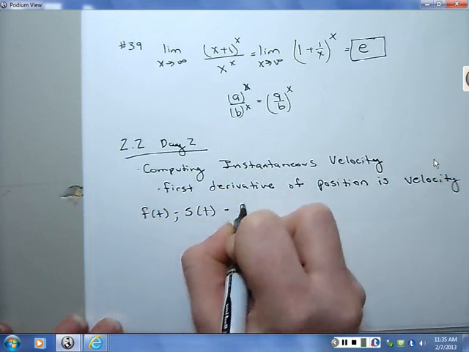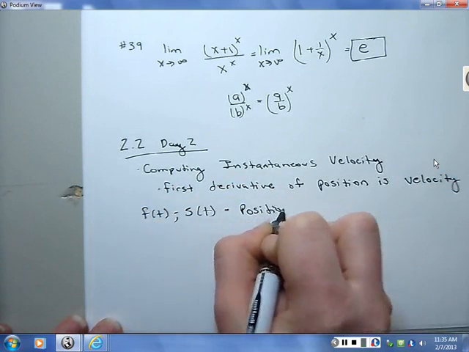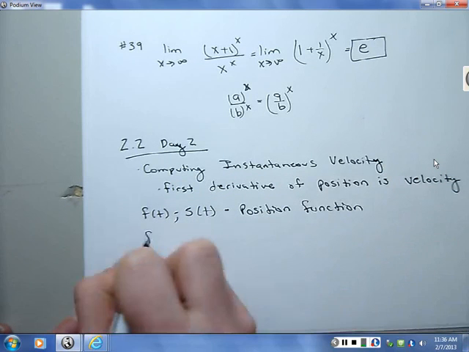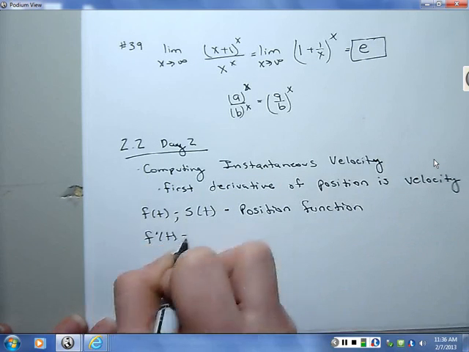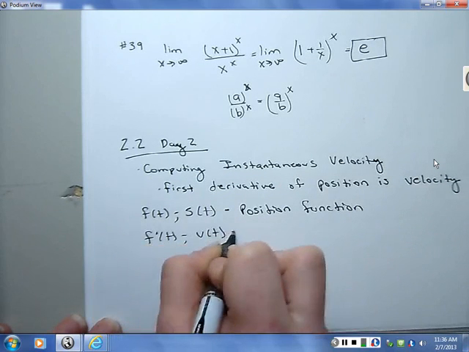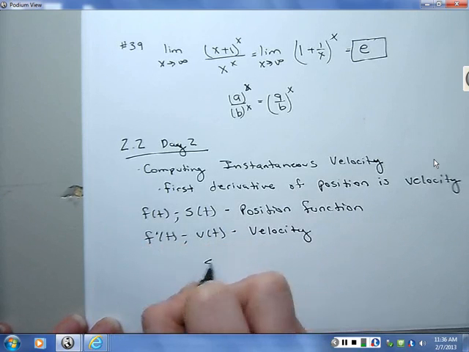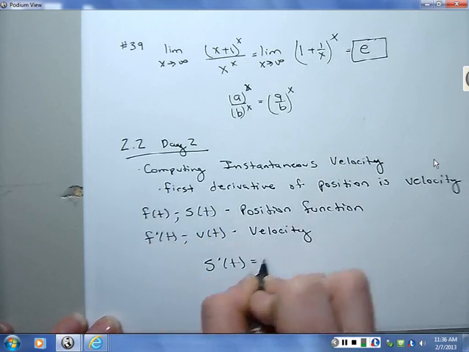These will be position functions. So you might have f prime of t, that you might write as v of t. So it would be your velocity function. So you might see something like the derivative of position equals velocity.